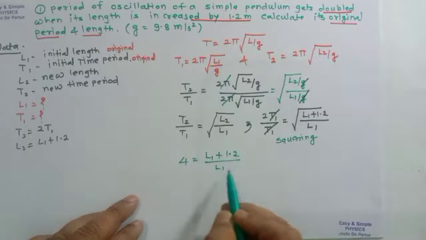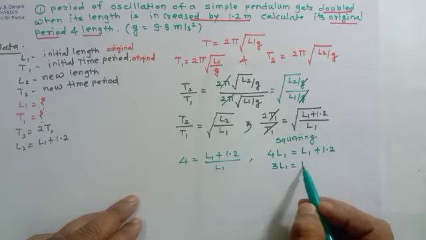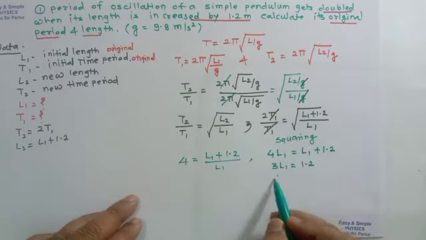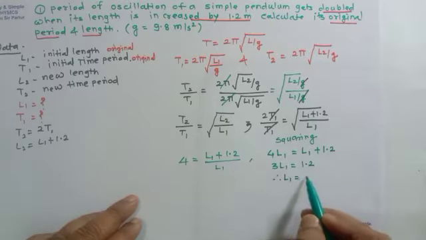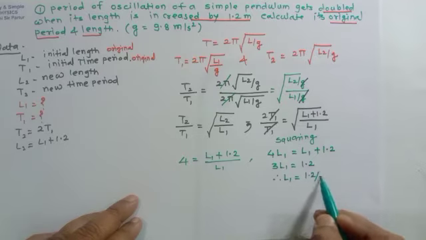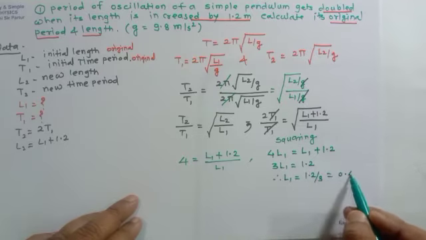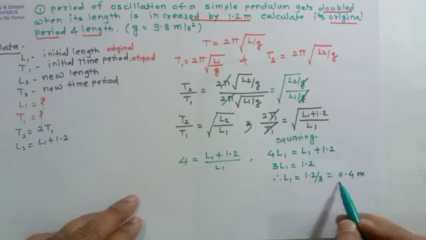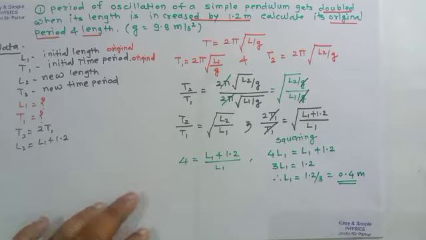Multiplying by L1, you get 4 L1 is equal to L1 plus 1.2. L1 is shifted, that is 3 L1 is equal to 1.2, and therefore L1 is equal to 1.2 divided by 3, which is 0.4 meter. So the original length will be 0.4 meter, but we want to find the original time period.